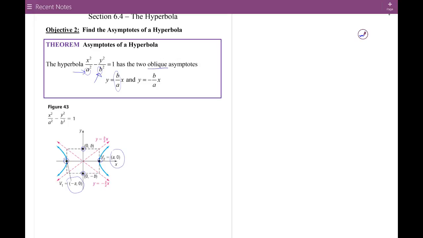Once we've made the box, the asymptotes are the diagonals of the box. If you look at the slope of the line, you go up b and over a. So of course the slope has to be b over a.